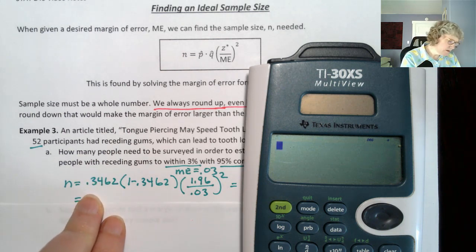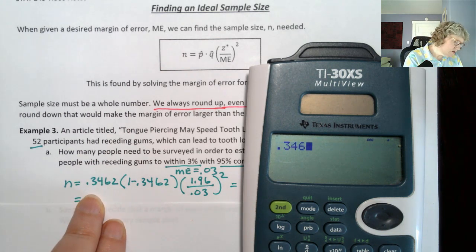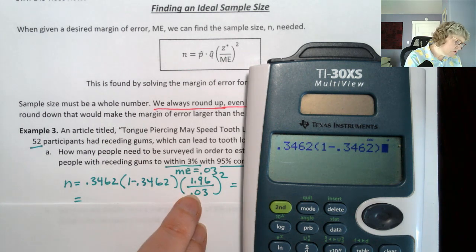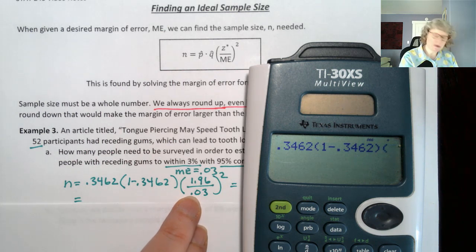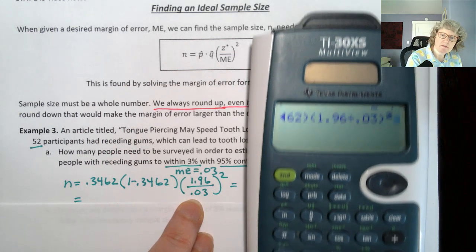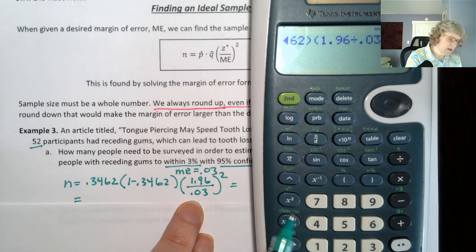Okay, so let's start. 0.3462 parentheses 1 minus 0.3462. Close parentheses, open parentheses, 1.96 divided by 0.03, close parentheses, square. And my square key is right here.